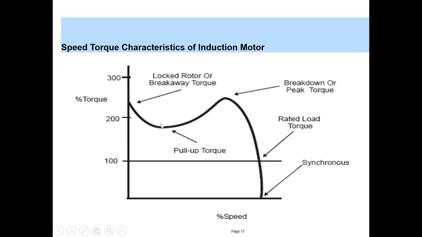Now if you ask why it can't operate here, let's see what happens in this region. If you want this to be an operating point, what will happen? If you increase the speed, torque also increases, so the speed will continue increasing. So this cannot be the equilibrium point. Hence this is the equilibrium or the operating point for the motor when you don't have a drive.